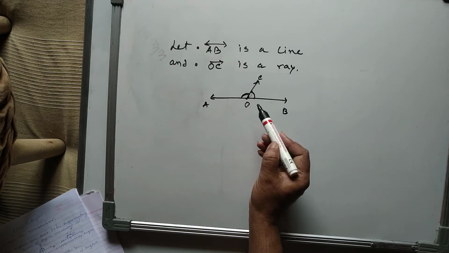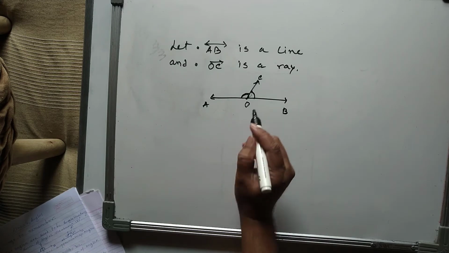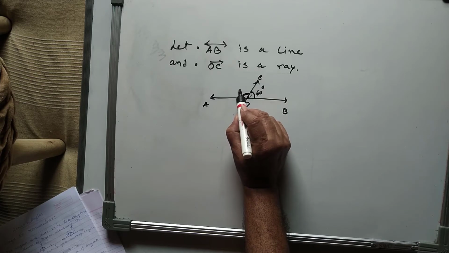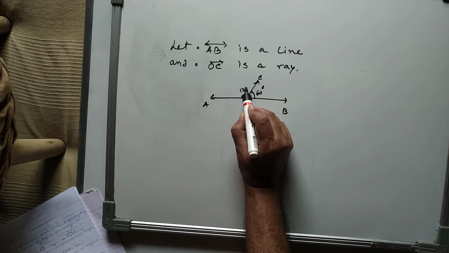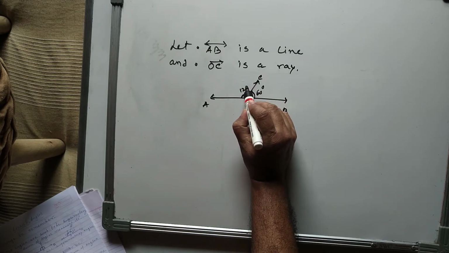They are called supplementary angles. It is 60 degrees and this is 120 degrees.